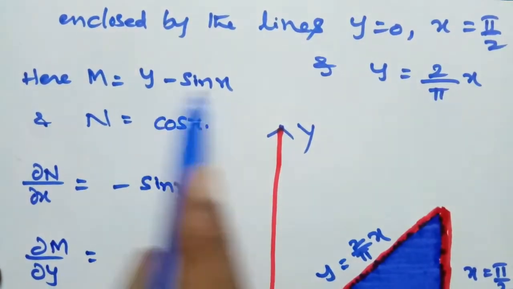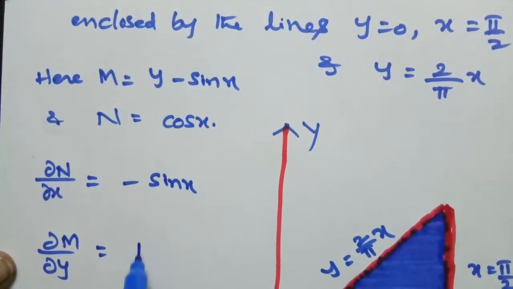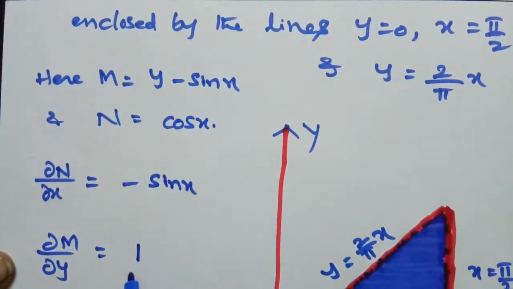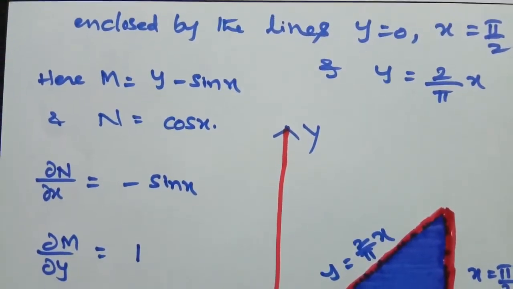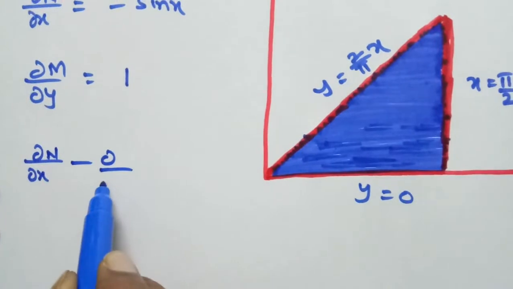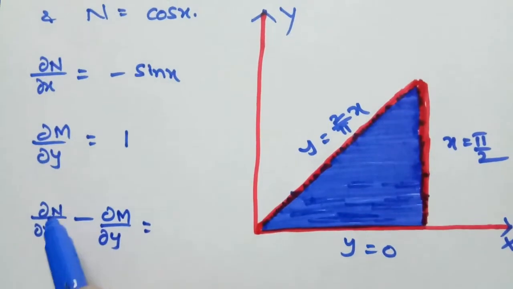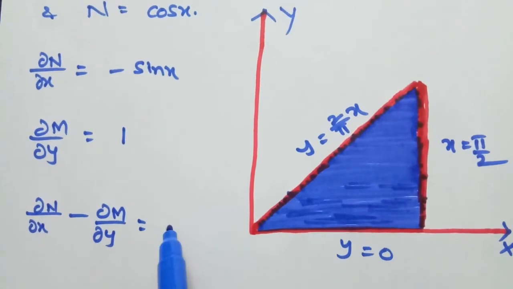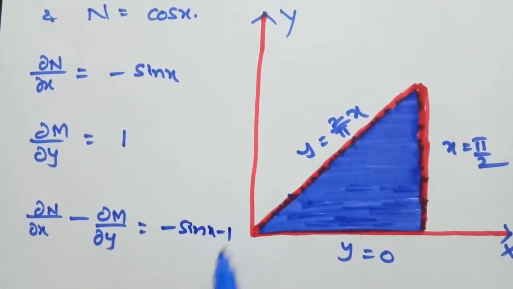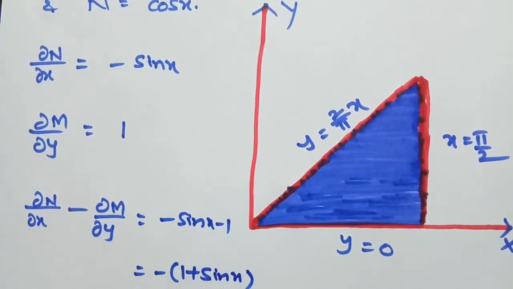Dou by dou y of M, partial derivative with respect to y: derivative of y is 1 and sin x is a constant, therefore its derivative is 0. Now dou N by dou x minus dou M by dou y is equal to minus sin x minus 1. Taking minus as a common factor, minus (1 plus sin x).